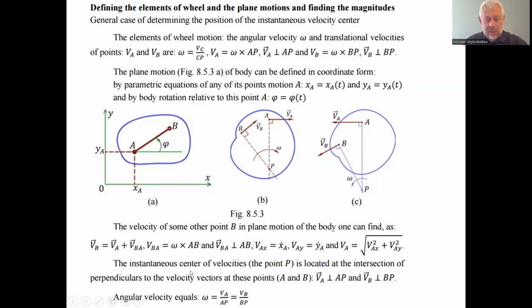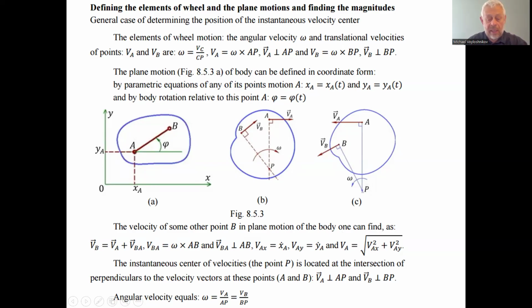The instantaneous center of the velocities, the point P. Here we have the point P. It could be outside the body, but that is not so important. We can find it as the intersection of the perpendiculars to the directions of the translational velocities of these two points. It is located at the intersection of perpendiculars to the velocity vectors of points A and B. So we have two perpendiculars here on the sample.